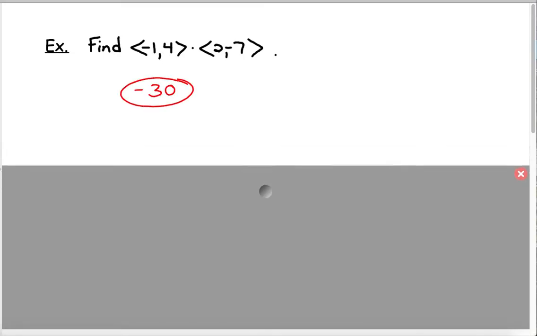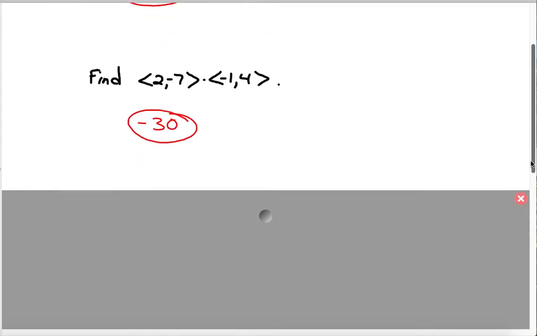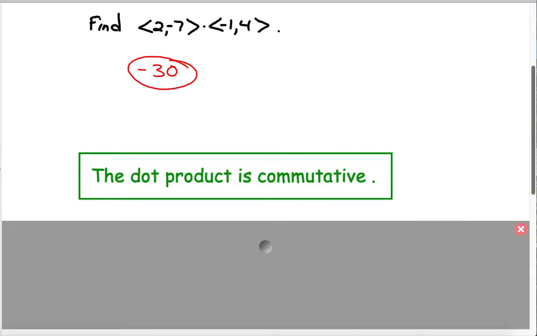Why did I have you do another one? Well, let's look at this one. Do the dot product of 2, negative 7 with the vector negative 1, 4. Once again, negative 2, negative 28, we're going to get negative 30. So what does that tell you? Well, the order that we do the dot product of two vectors doesn't matter, so the dot product is commutative.